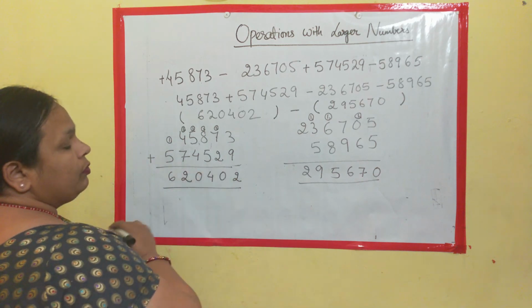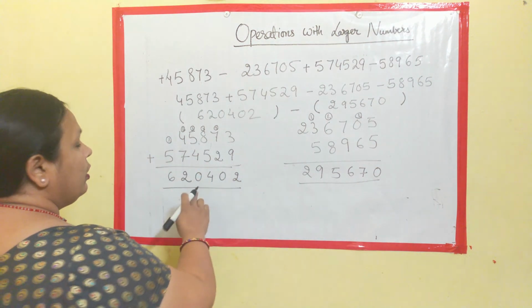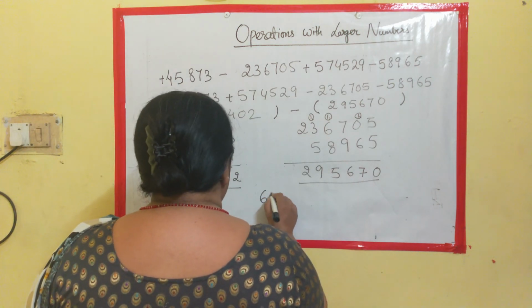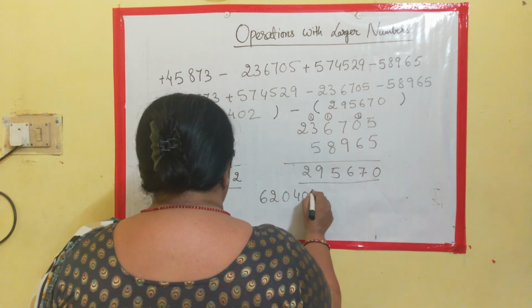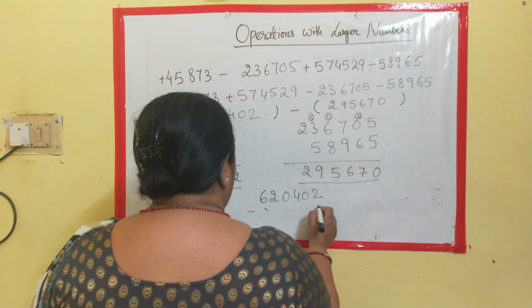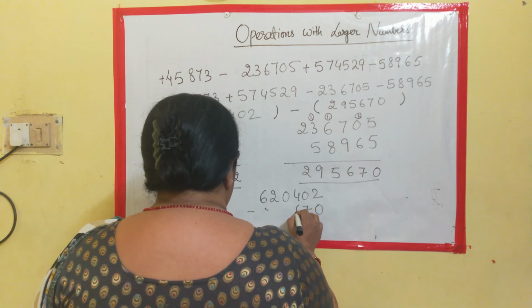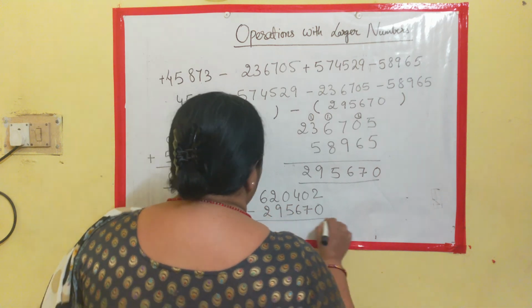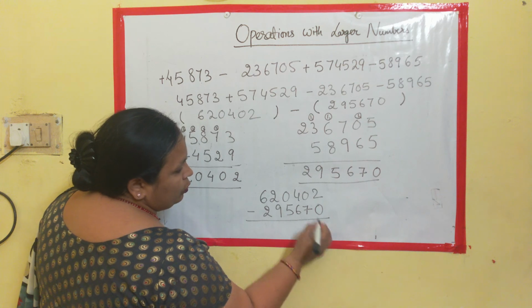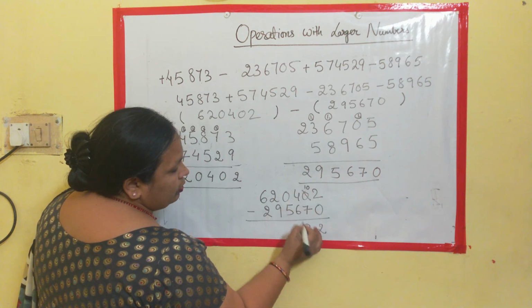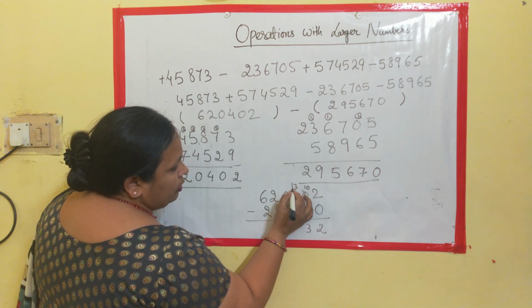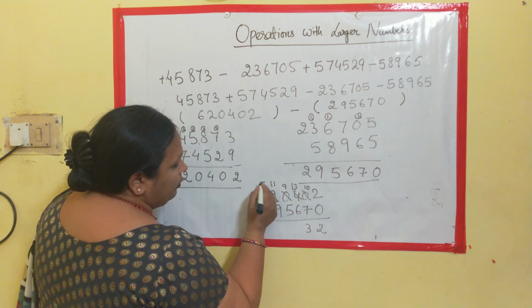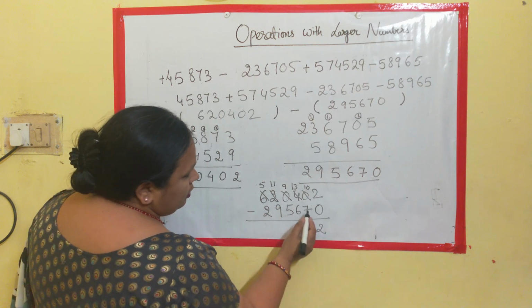Now the third part is that we will be subtracting this from this. So while subtracting, this is 620402 minus 0, 7, 6, 5, 9 and 2. When you subtract, this becomes 2. This is 10, 3. This is 3, 13, 9, 11 and 5. So here it is 3.